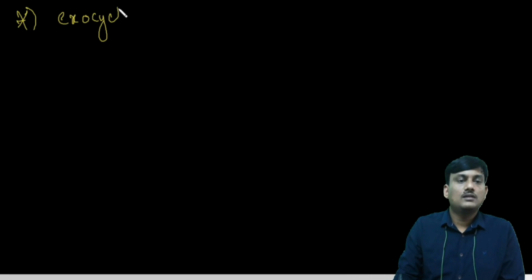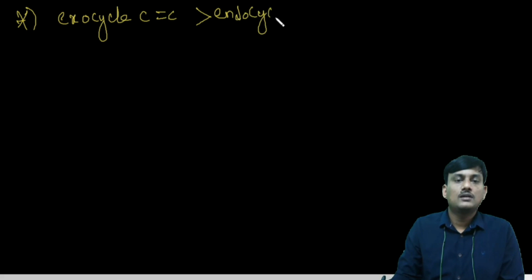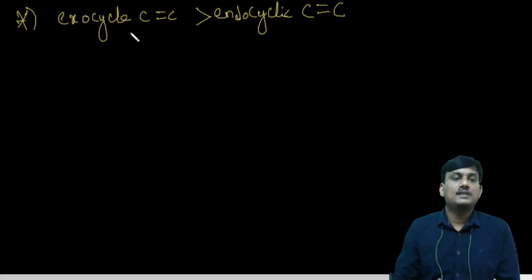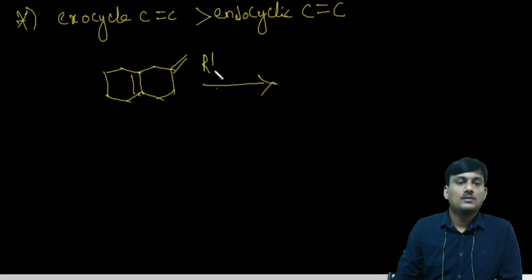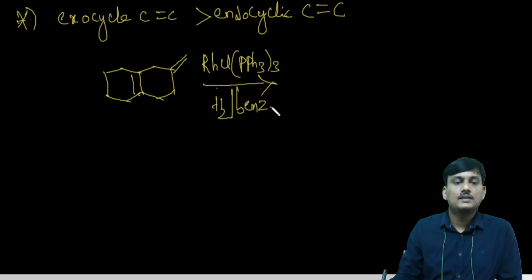Exocyclic C=C is more reactive than endocyclic C=C. The exocyclic C=C will be selected for the reduction in the case of Wilkinson's catalyst, compared with the endocyclic C=C. Suppose we take this one, under the same conditions.